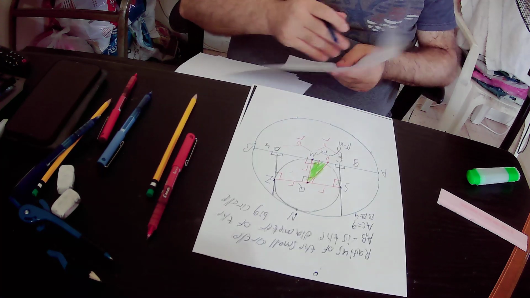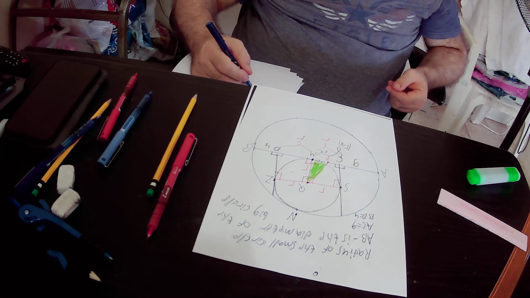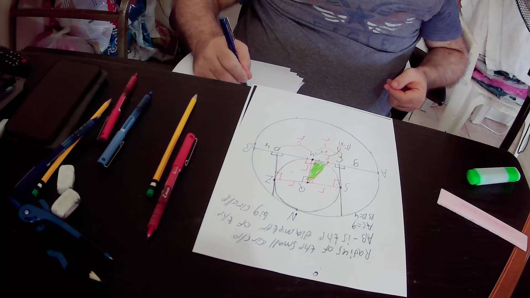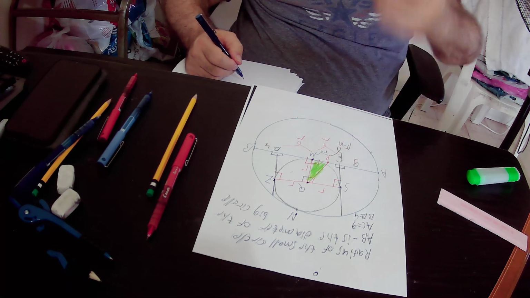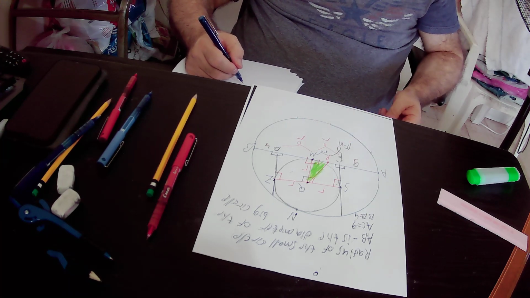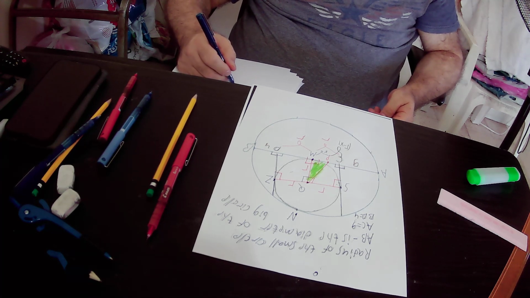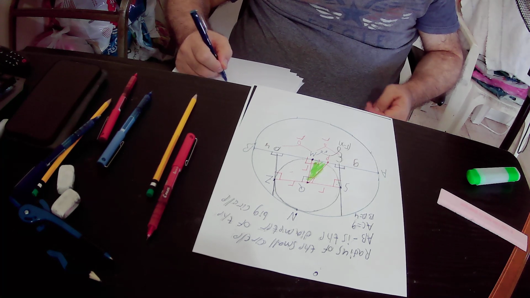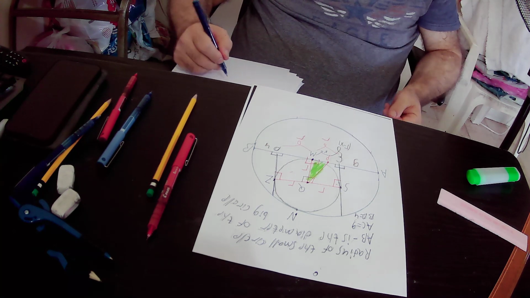But we have already found out that the value of QP is 6.5, so QP square will be 6.5 square, equals PM square. PM equals x according to our definition, and we already found out that x is 2.5 units, plus QM, that is the radius of the small circle.